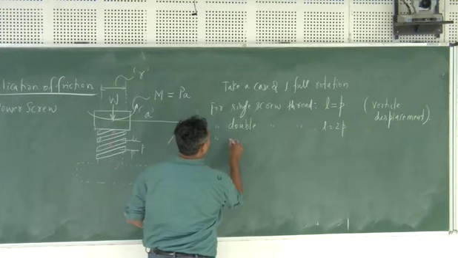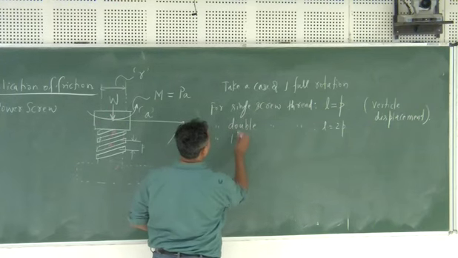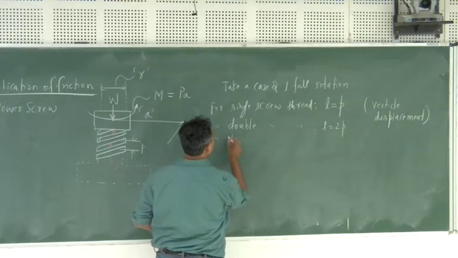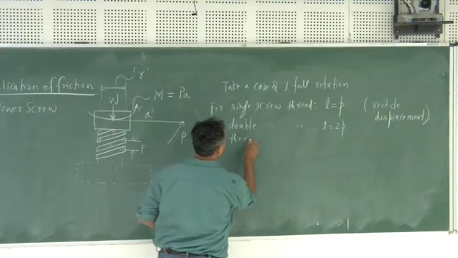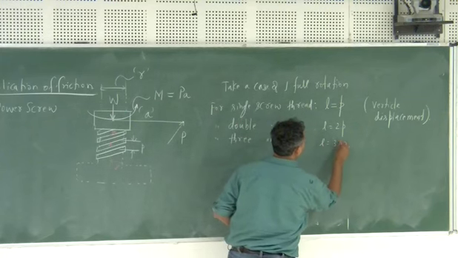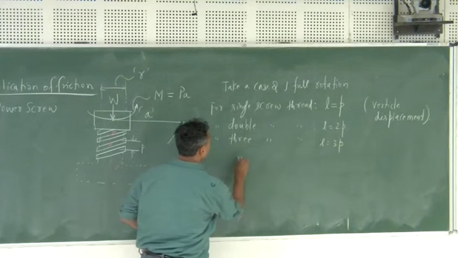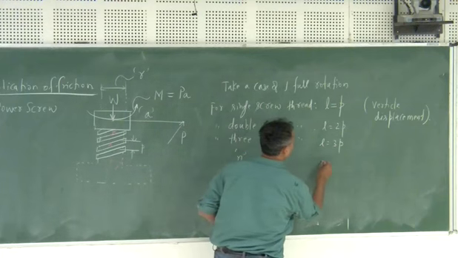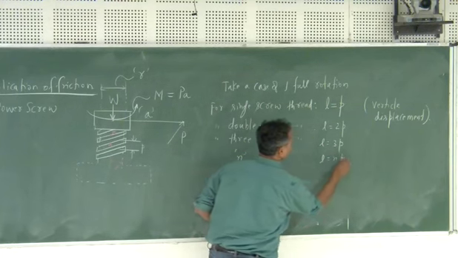And similarly, for a three screw thread system, this will become 3P, and for n threads, this will become n times P.